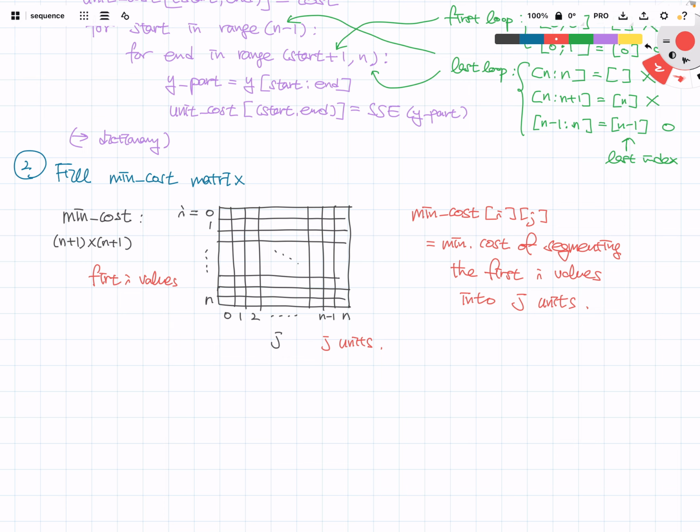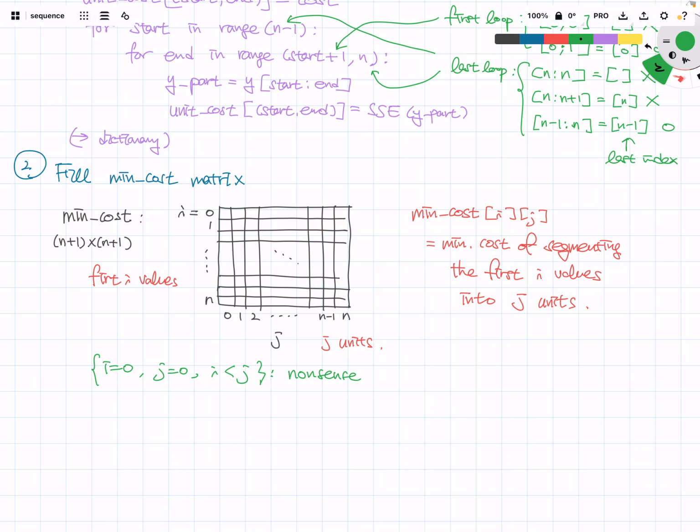Let's quickly see this minimum cost a little bit more. Easily we can see i equals 0 and j equals 0, and when i is smaller than j, all these cases are nonsense, because we cannot segment or split 10 values into 11 units, right?